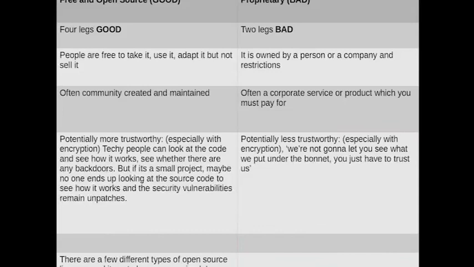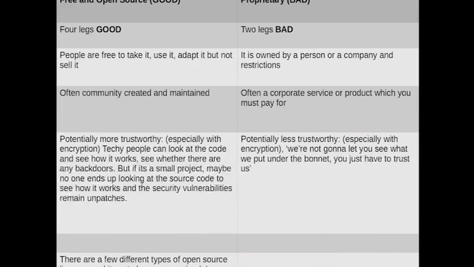Proprietary, on the other hand, is owned by a person or a company. It has restrictions. It's often a corporate service or project which you must pay for. It's potentially less trustworthy, as I said, especially with encryption. It's kind of like they're saying, we're not going to let you see what we put under the bonnet. You just have to trust us. And if you want to repair it or change it, you're not allowed to.